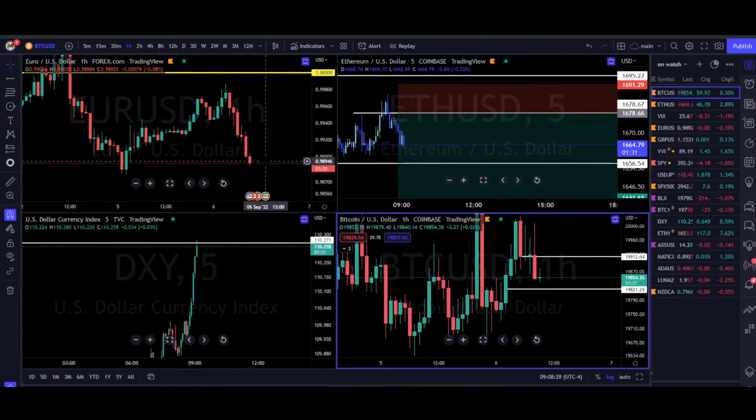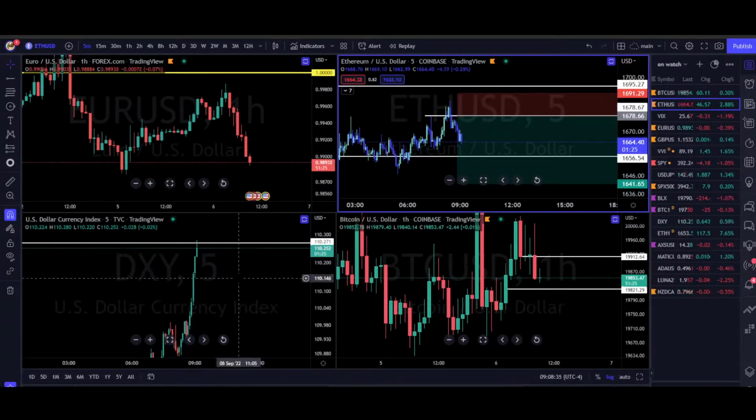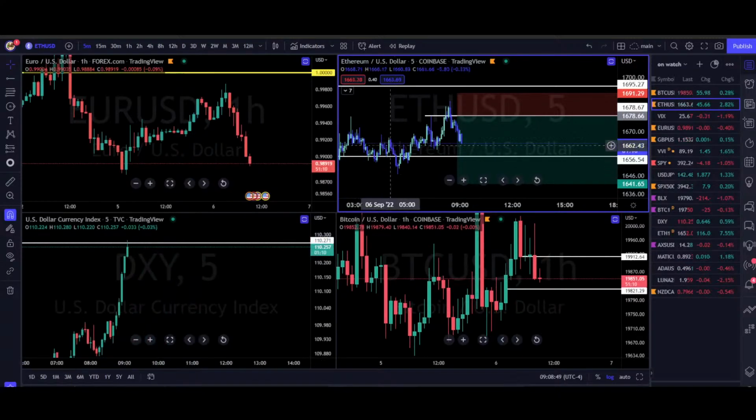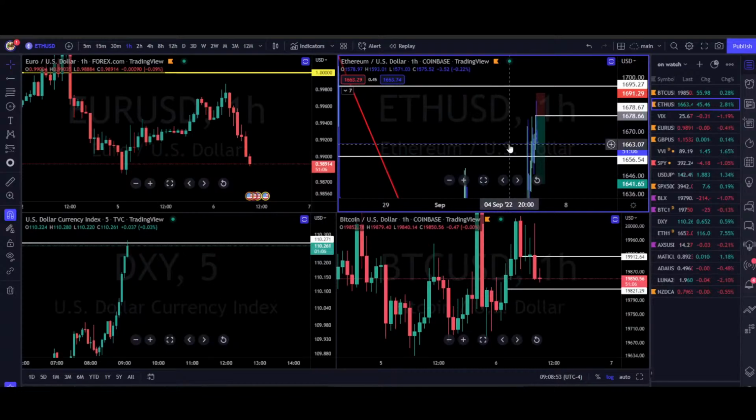All the way down. I can't believe that happened before the news. A whole hour before the news. What is this on Ethereum? I've forgotten. It's nothing.